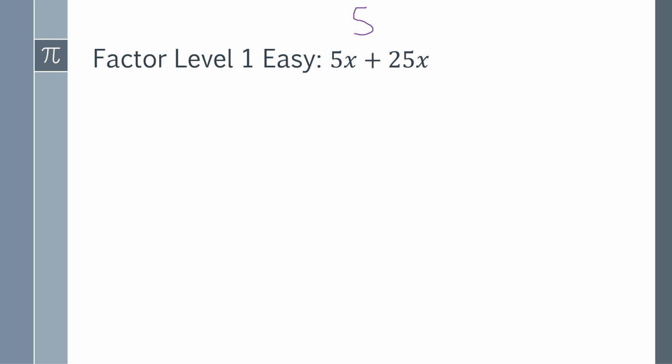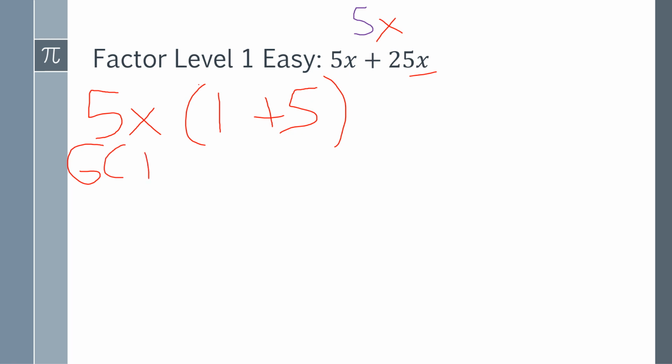They have an x there and an x there. So 5x is going to be your greatest common factor. So 5x is on the outside because I know that 5x times 1 is going to give me 5x. But I also know that 5x times 5 is going to give me 25x. Again, this is my GCF.